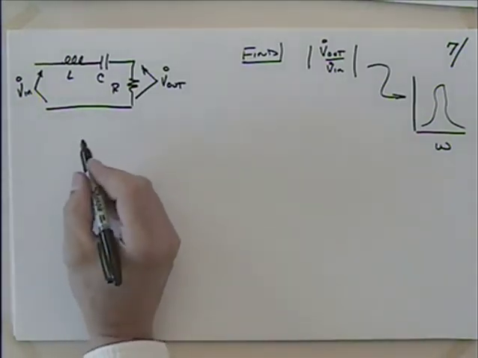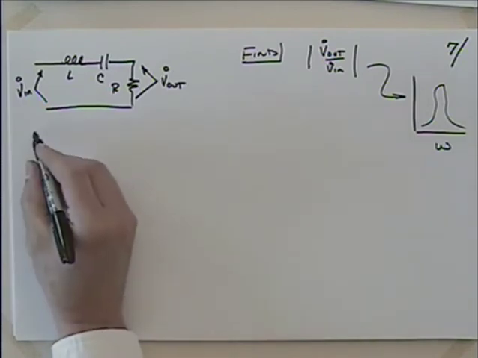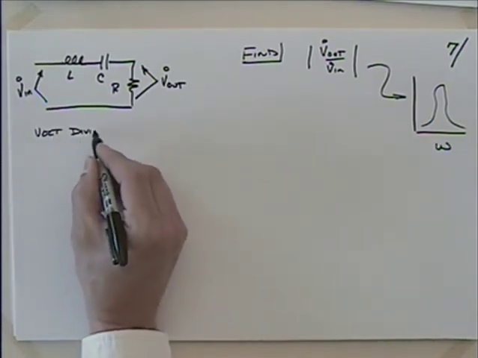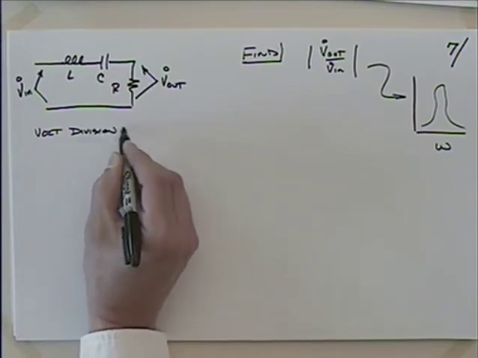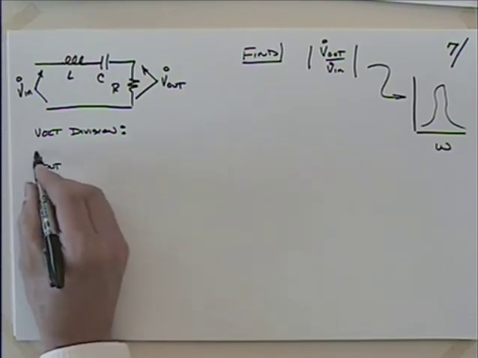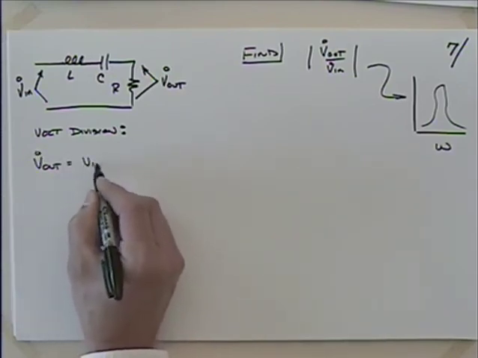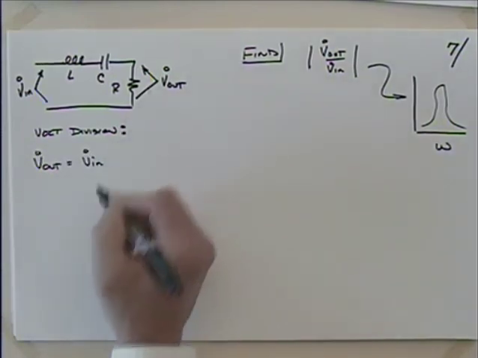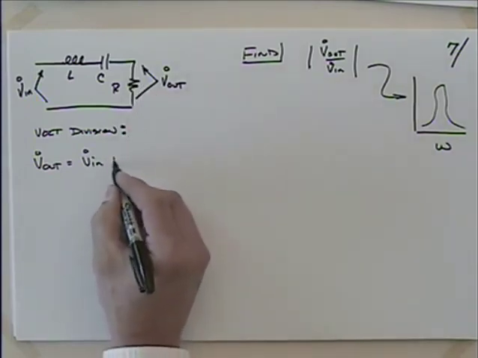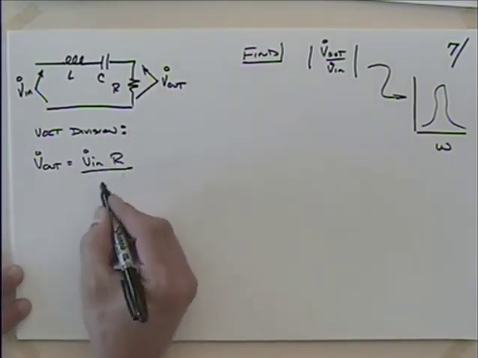Well, let's see. How can I do this? Simple voltage division, right? Where we could say that V out would be equal to V in times the impedance across that has the output taken across it, so that's just R, divided by the total impedance.